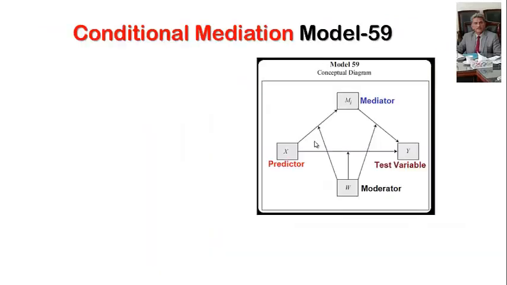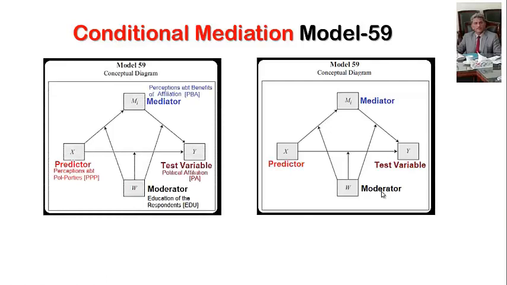Model 59 appears like this: X is the predictor variable and Y is the test variable, M is the mediator and W the moderator. Now we shall map our research question onto this model.